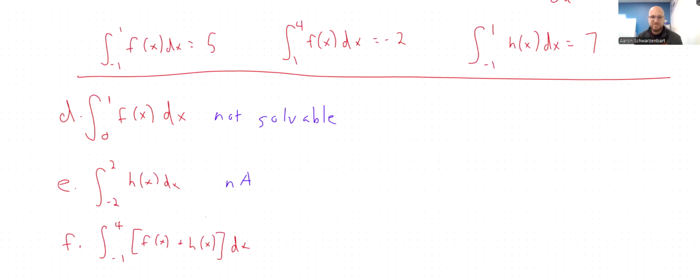So, yeah, you have enough information to do the f of x part, but not the h of x part. I mean, you have to figure out that it's not. No, I'll probably mostly give you ones that you can solve.